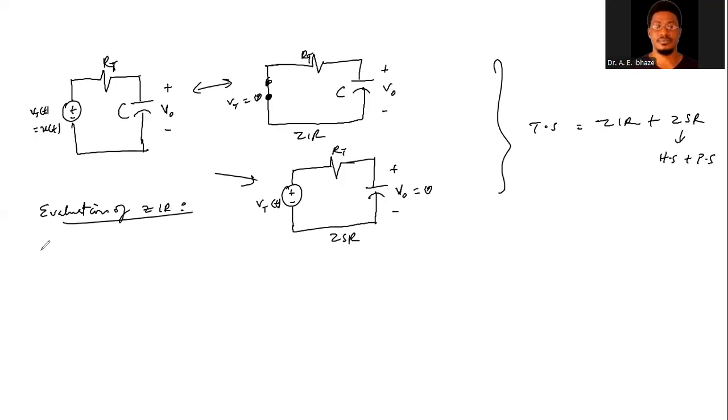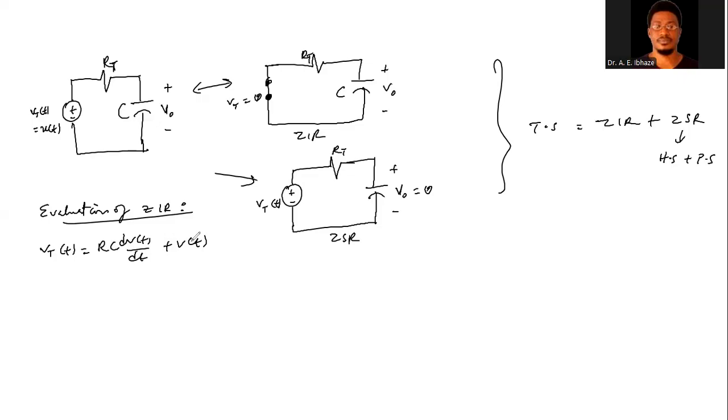So you want to recall our differential equation based on the circuit is RC dV(t)/dt plus V(t), where V(t) is the state variable.